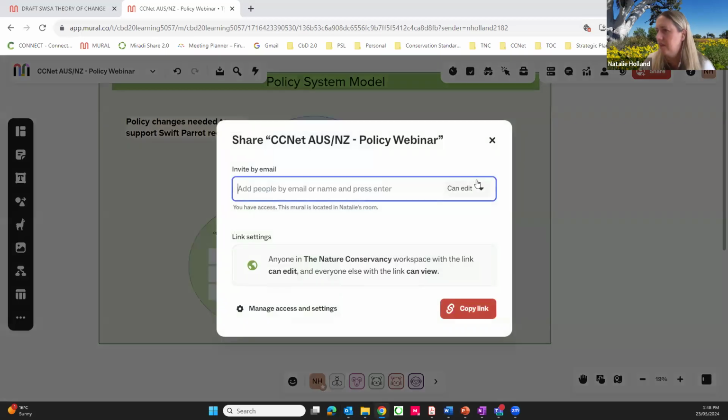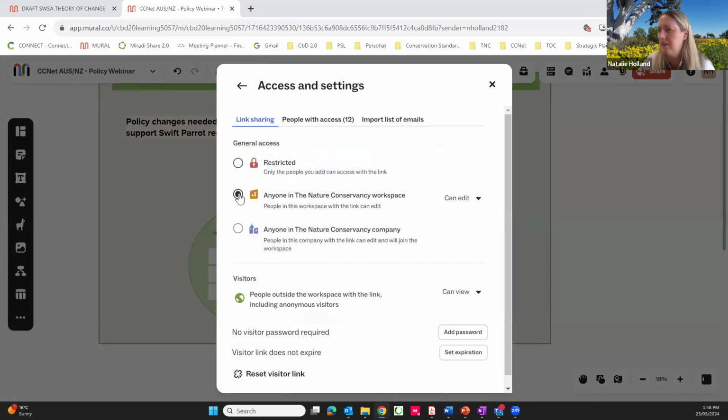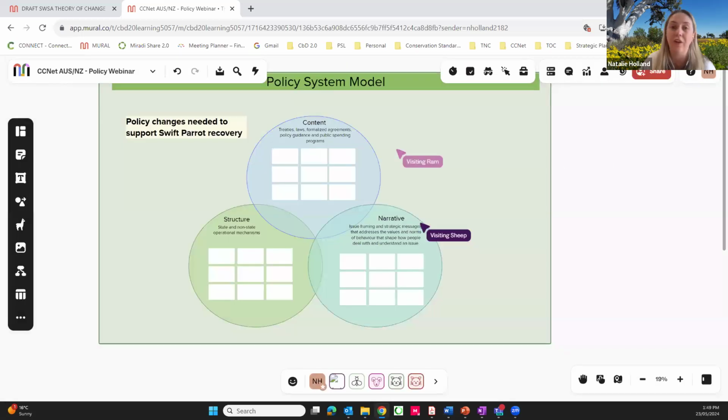Let me check the settings here. Okay, it might not let you do that. That's going to be annoying. All right, well, perhaps if people could put anything in the chat or come off mute and share anything you think might fit into any of those categories, I can add the content in, because it doesn't look like Zoom's going to cooperate, or Mural's going to cooperate with me today.